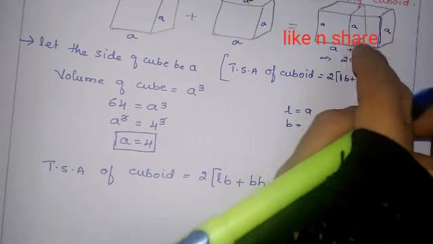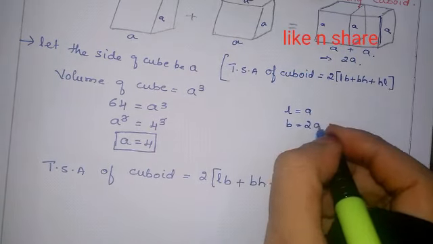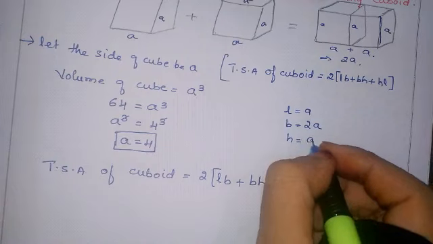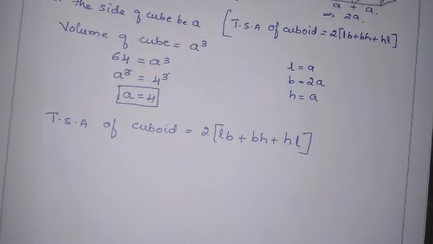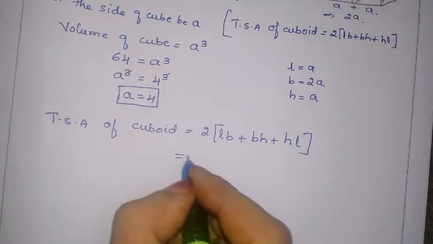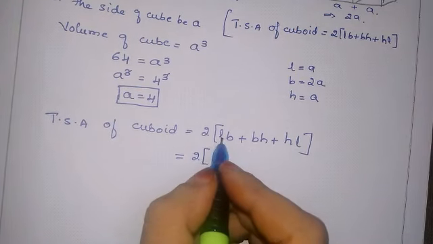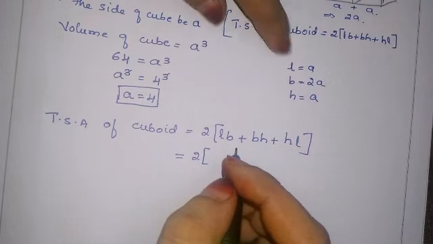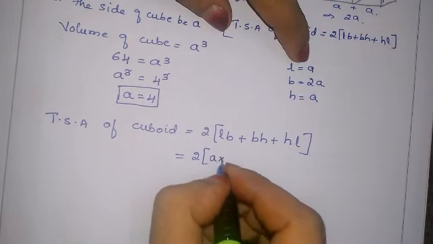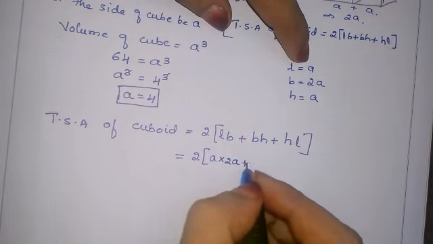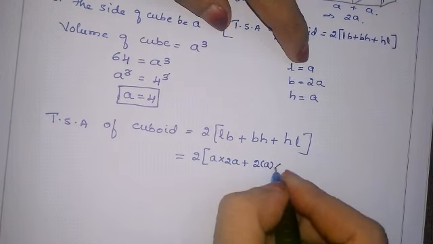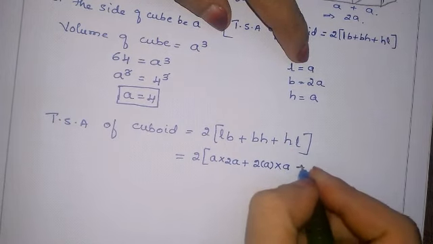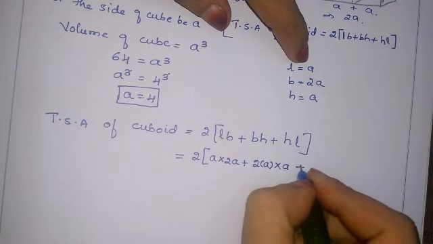Breadth is A plus A, 2A, and height will also be A. So let us substitute the values: 2 into length A, breadth 2A, plus 2A into height A, plus height A into length A.